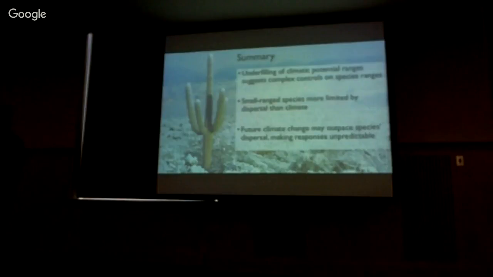And this is really important since most species that we're interested in for the future in terms of conservation are oftentimes small range species. And so oftentimes people are forecasting small range species, assuming that they might stay in equilibrium with climate, while not including their dispersal and how well they might be able to get to these ranges.